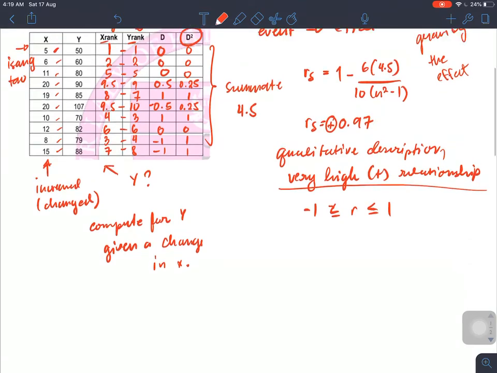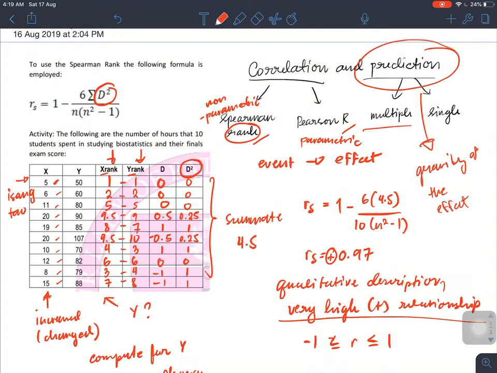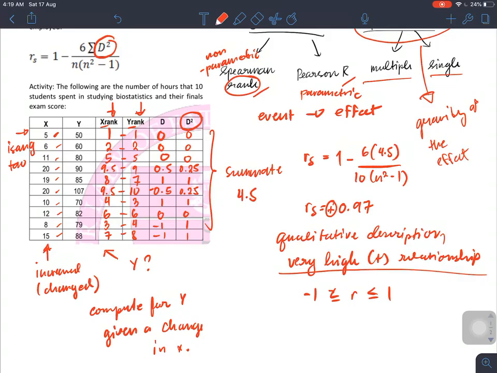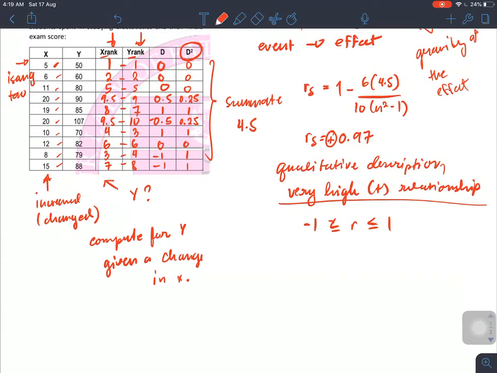But, however, meron po tayong tinatawag na single and multiple. Single and multiple refers to, like your ANOVA, the variables that affect the change. For example, meron ka ditong variable b. And then you have your variable a, variable a1, and variable a2.